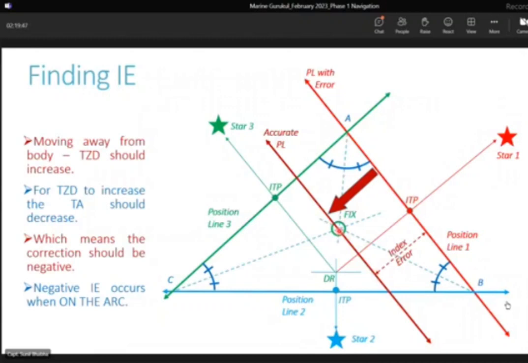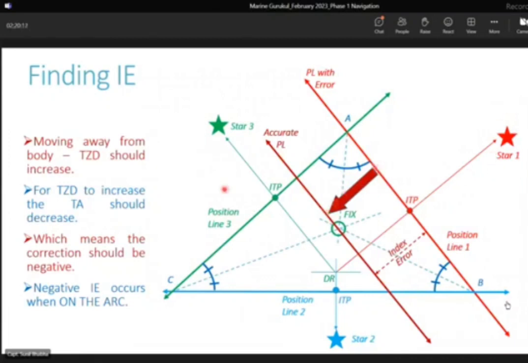So I'm going to repeat it once. The first thing which you have to see is when you are moving from the wrong PL or the PL having error to the accurate PL or the PL passing from the fix, are you moving away from the body or towards the body? In this case, we are moving away from the body.